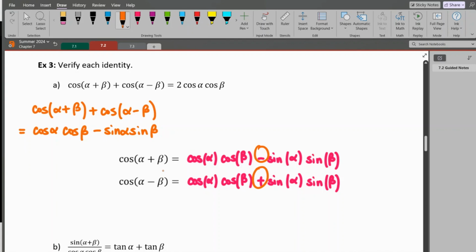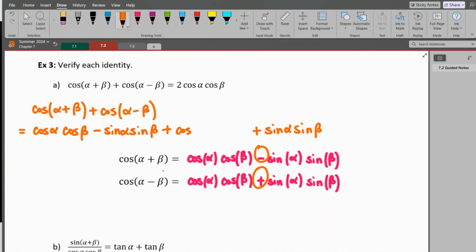So for our next set, the cosine of alpha minus beta, we're going to have plus cosine alpha, what is it? Cosine beta, plus sine alpha, sine beta. I said I was going to leave out those parentheses.